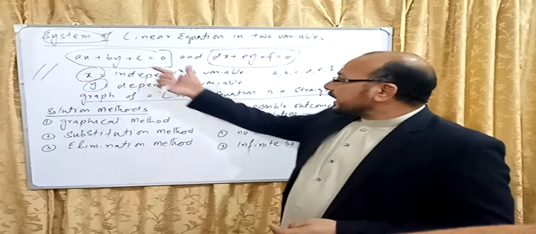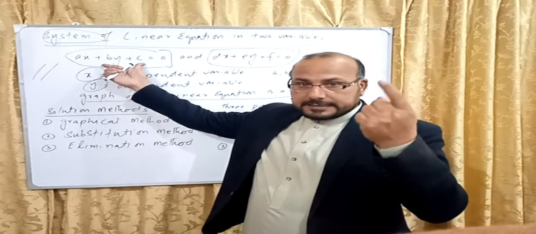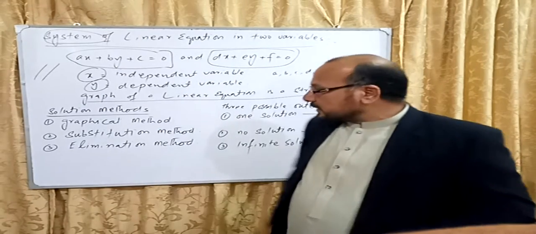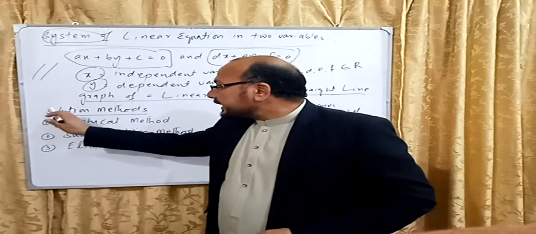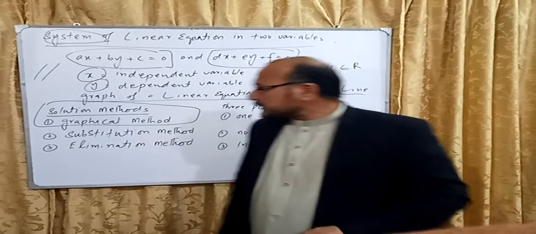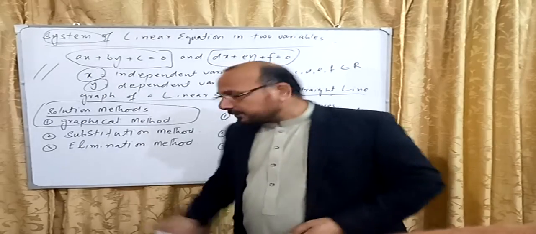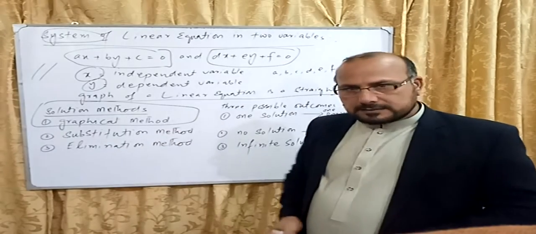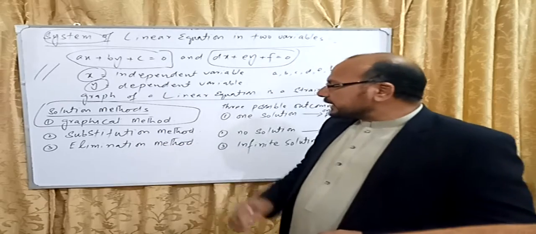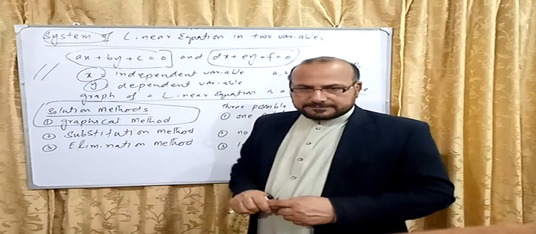Every linear equation in two variables represents a single straight line, so two equations represent two lines. When finding the solution of the system of linear equations, we use different methods. The first method is the graphical method, the second is the substitution method, and the third is the elimination method. These are the three methods we have.